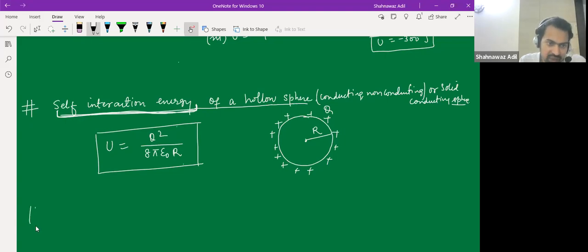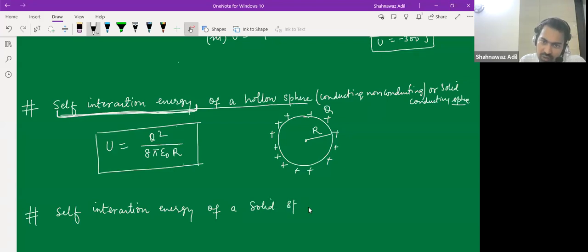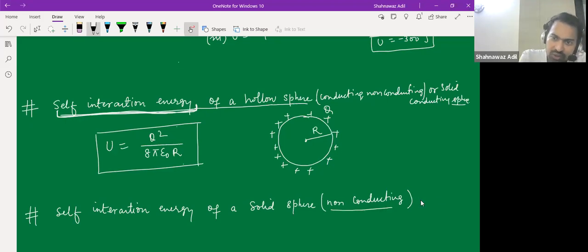And similarly, we have the self-interaction energy of a solid sphere. This is non-conducting. Why? Because if this is conducting, then all the charges will reside on the surface. That is why it is non-conducting.